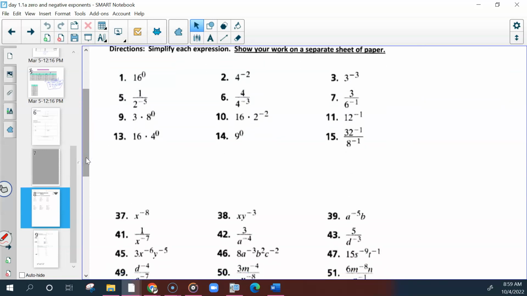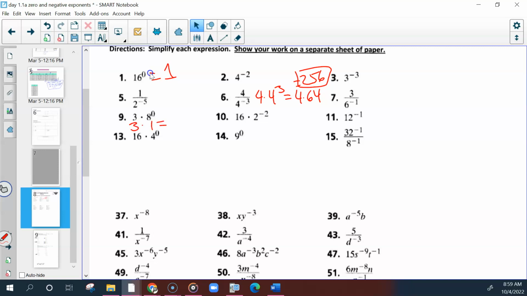For number 1, your answer was 1. Anything to the 0 power is 1. Number 6, because this has a negative exponent, we can rewrite this as 4 times 4 to the third. We know 4 to the third is 64. And you would multiply those two together to get 256. 9, 8 to the 0 is 1.